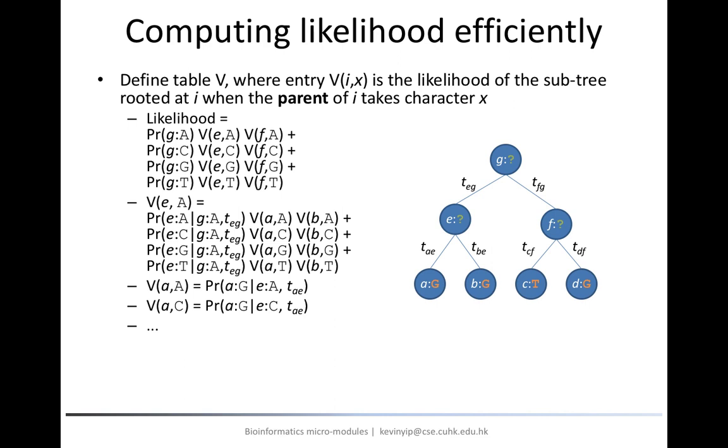Finally, entries involving leaf nodes are simple conditional probabilities that can be computed directly based on a mutation model.